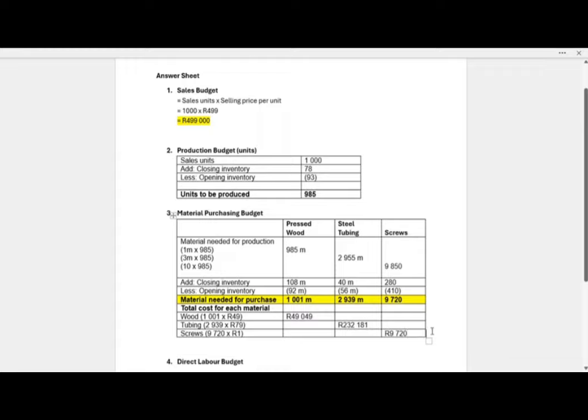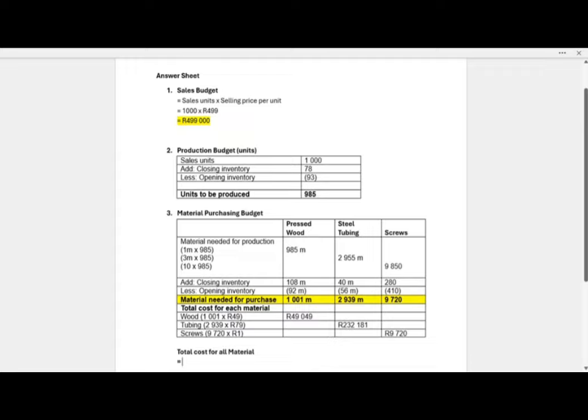Now after that, you will need to calculate the total cost for all materials. Obviously you're going to add everything, right?